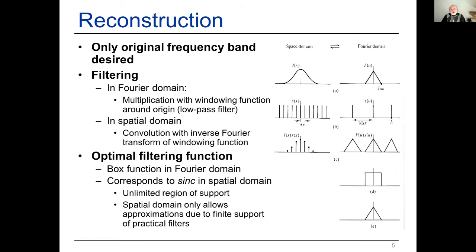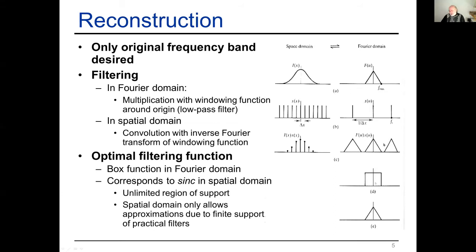And in order to do that, here again is the sampling process. In order to reconstruct the original function, we need to get rid of those copies to the left and to the right, the higher frequencies. And the best thing we can do is a multiplication in the Fourier domain with a box function that has value 1 and is just wide enough to cover the original frequency band, up to this f max of my triangle.